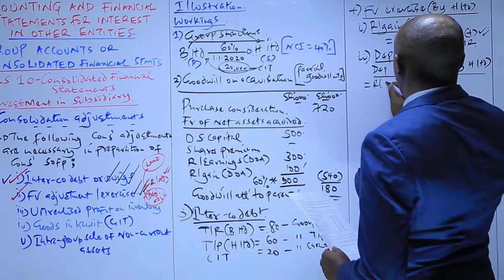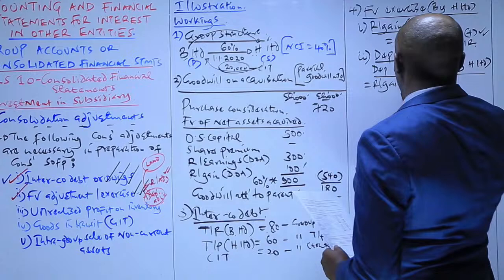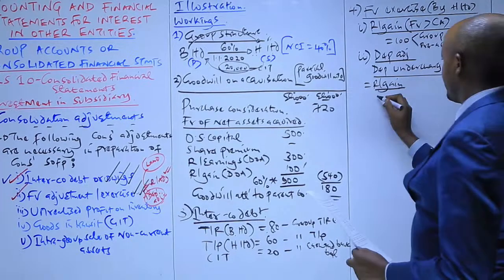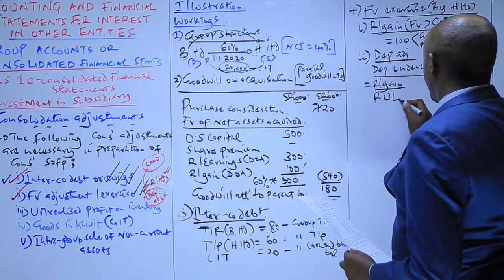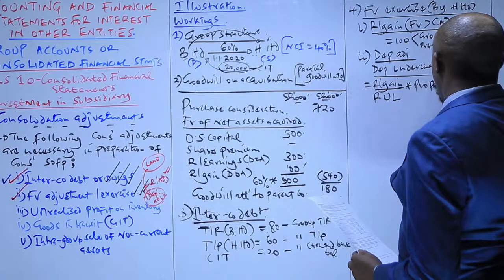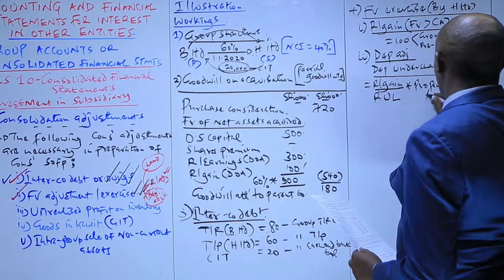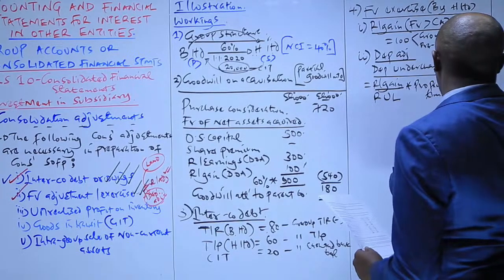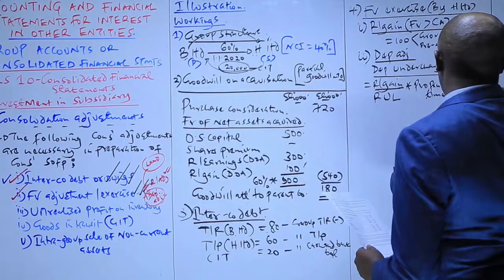You have to recall the formula. As I said in our previous session, you take the revaluation gain, divide that by the remaining useful life of the asset which was revalued, times the proportion of time, which will be the time difference between the date of acquisition and the date of consolidation.